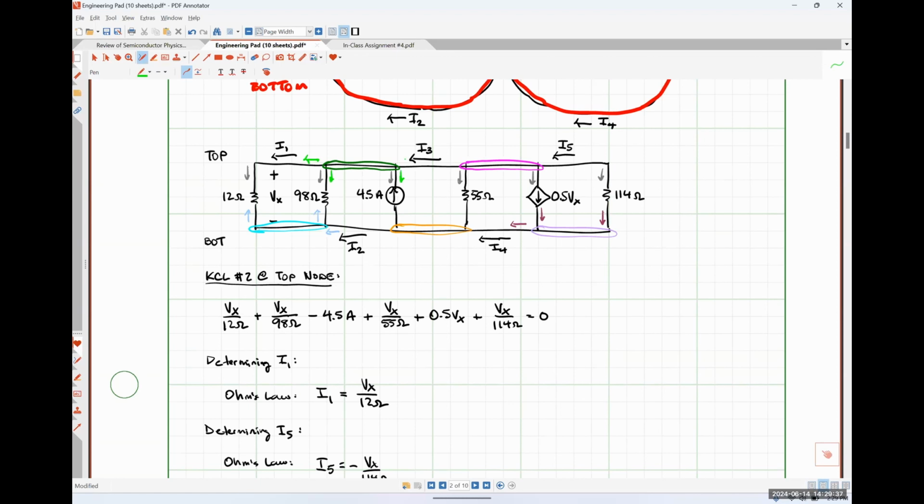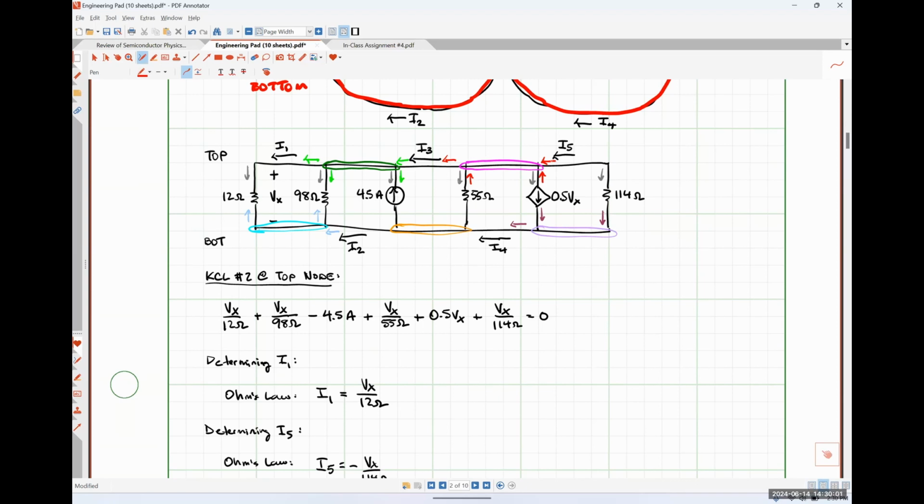Or we could do KCL at the pink node and say that I3 is the current that's flowing out. So this current and this current are all flowing in. So I3 must be equal to the sum of those three currents.